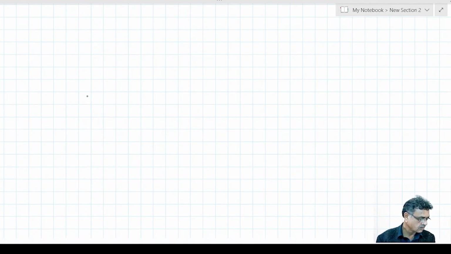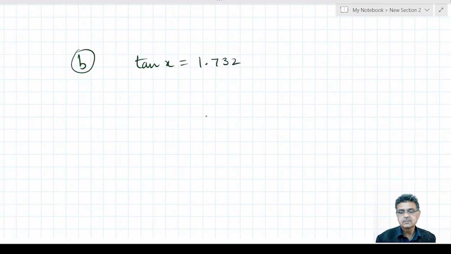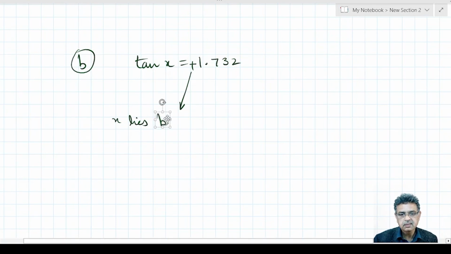Now, second part here, that is tangent x equal to 1.732, positive. Now, this positive sign, what is it telling us?